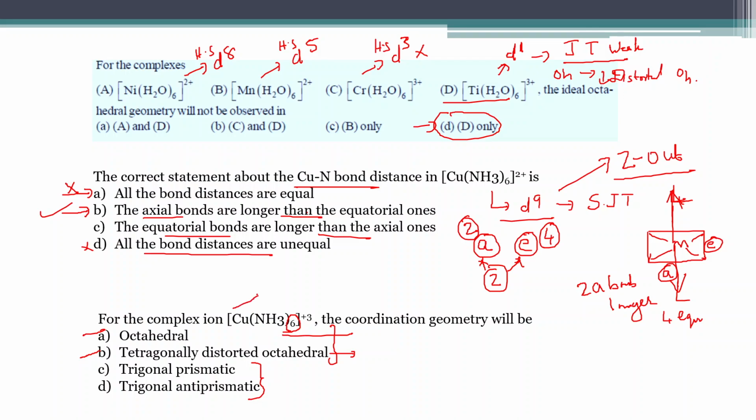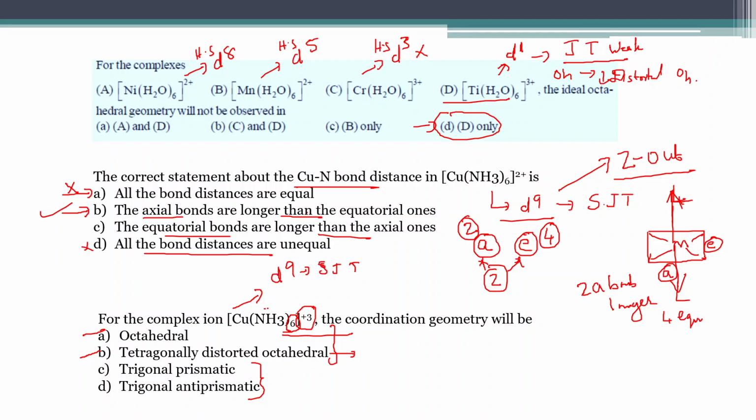When we look into the complex, the tricky part is that it is a 3+ complex. If it were a d9 system, it would show strong Jahn-Teller and the structure would be a tetragonally distorted octahedron.